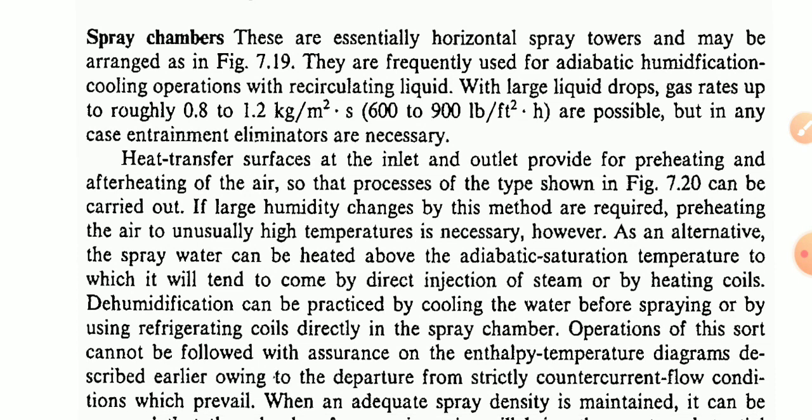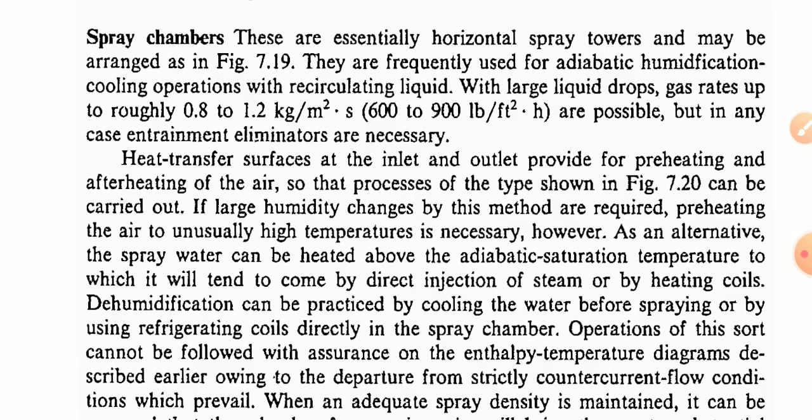Spray chambers are essentially horizontal spray towers, and may be arranged as in this figure. They are frequently used for adiabatic humidification and some cooling operations with a recirculating liquid with large liquid drops.